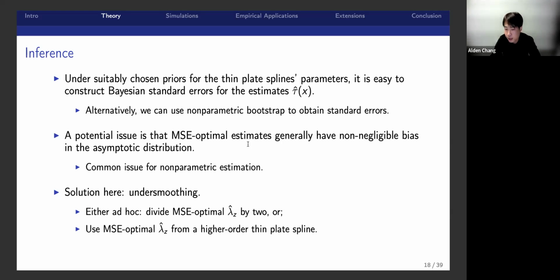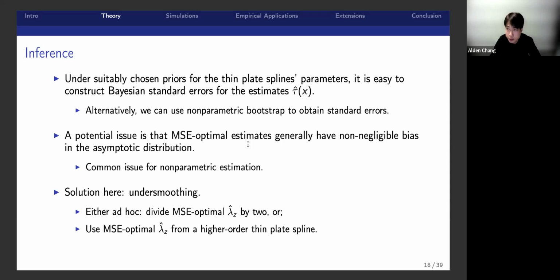And usually, because of this trade-off, in the end we'll have non-zero bias. So in the asymptotic distribution, there will be non-zero bias. And this can complicate inference because you can imagine if the treatment effect estimate is not centered at the true treatment effect, even if the standard errors are correct, the coverage rates of the 95% confidence interval may not be correct.